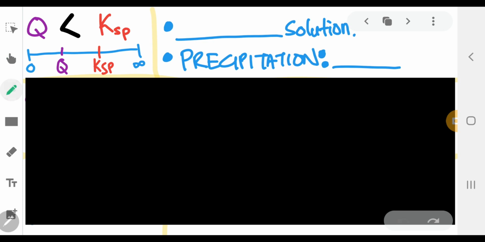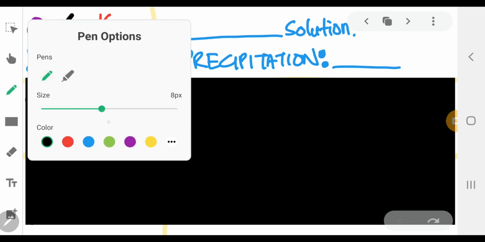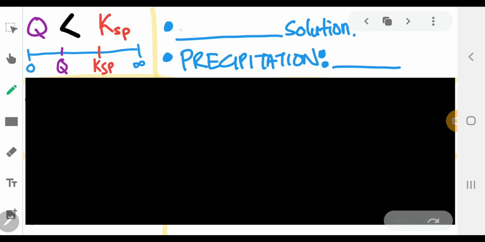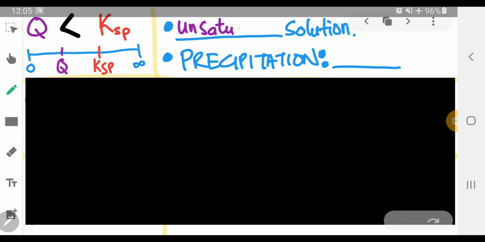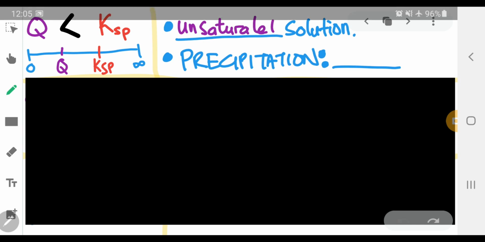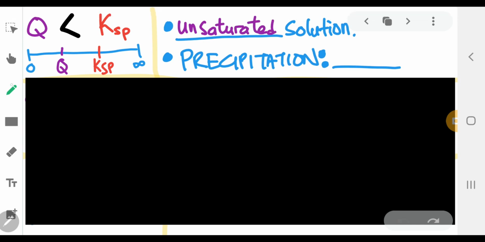Therefore, in this case, the solution is known to be unsaturated. And do we have precipitation?